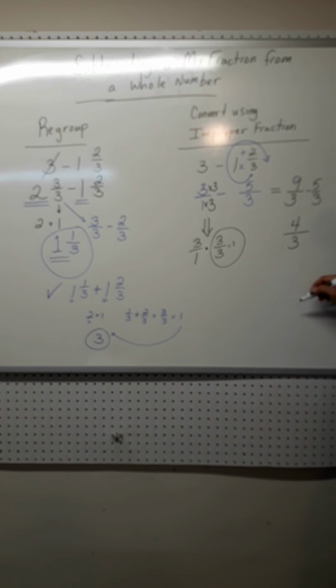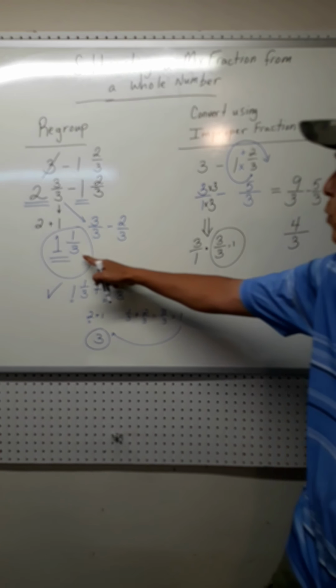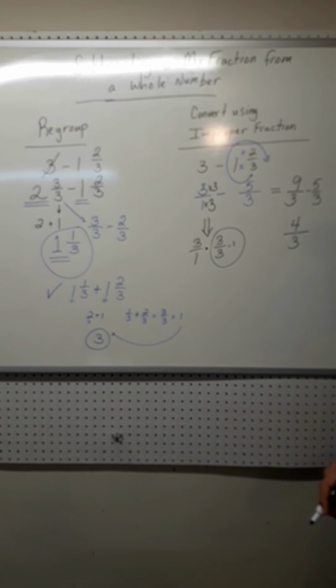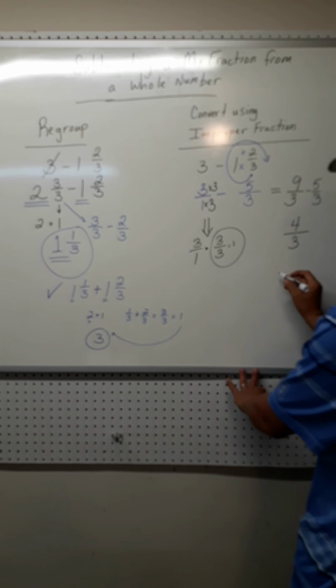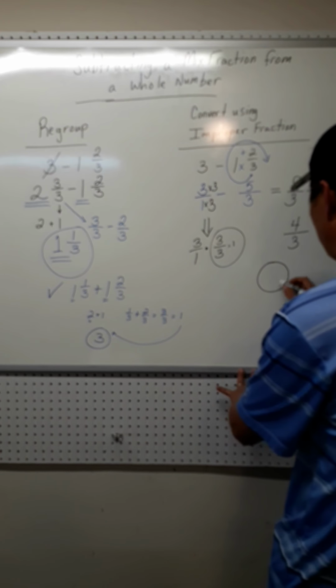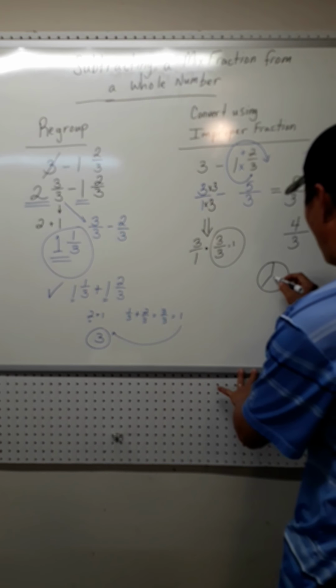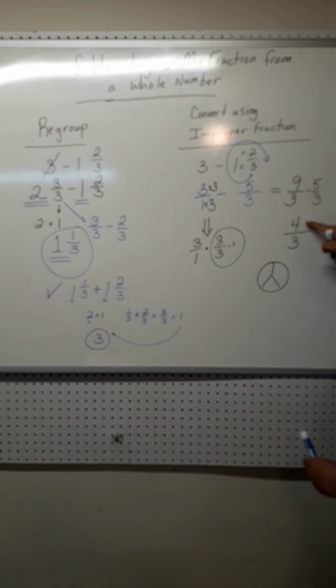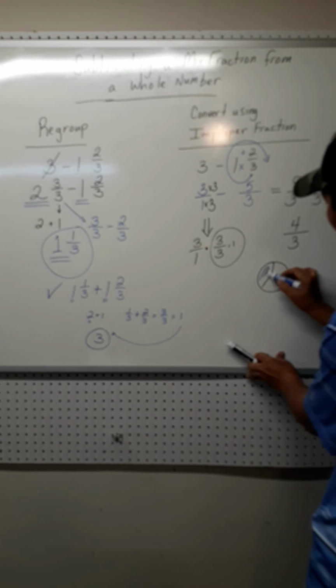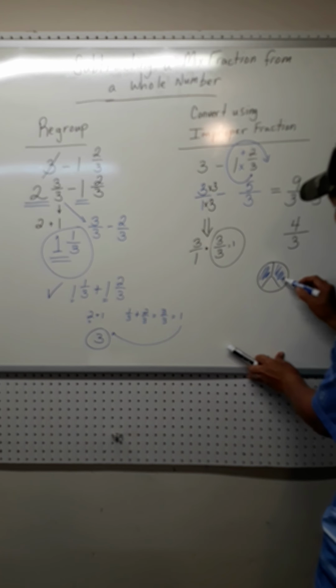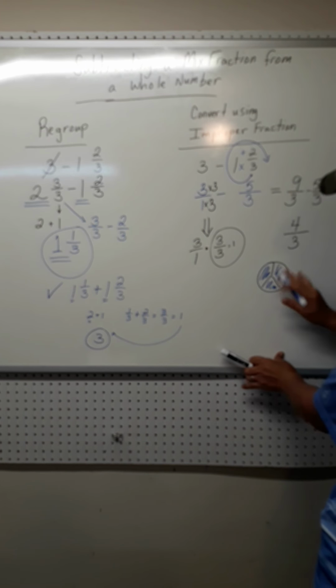Well, you're like, wait a second, it still doesn't look like 1 and 1/3. In reality, it really is, because I'm going to show you a picture model first. My denominator says I'm going to have 3 parts to it, and I'm going to shade in 4. Well, I'm going to start shading this now. Here's 1, 2, 3, and I don't have any more to shade.